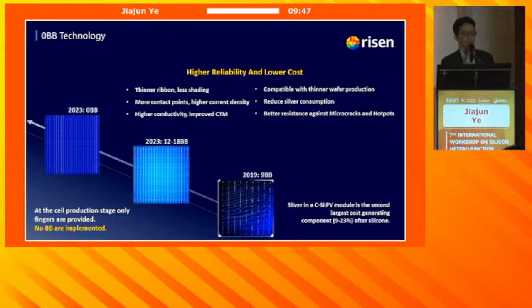Together with Hyperlink interconnection technology, we also adopt zero busbar technology, which can further reduce the silver consumption for heterojunction production. By introducing zero busbar technology, we are no longer printing the busbar directly on the surface, but replacing it with a thinner ribbon. The ribbon we are using is much thinner compared to previous times, and the quantity has already improved from 16 or 18 to 24, which is also an optimal quantity of ribbons on the surface.